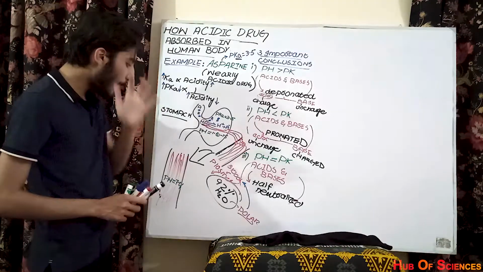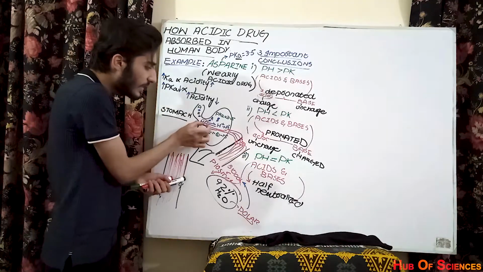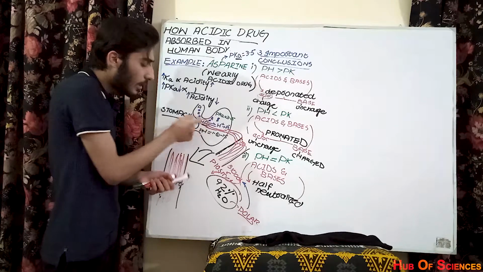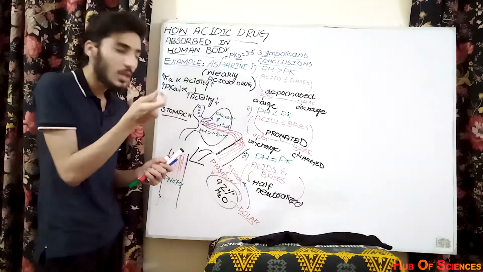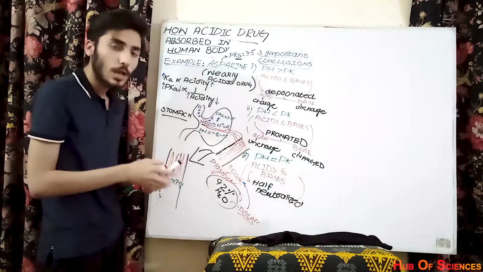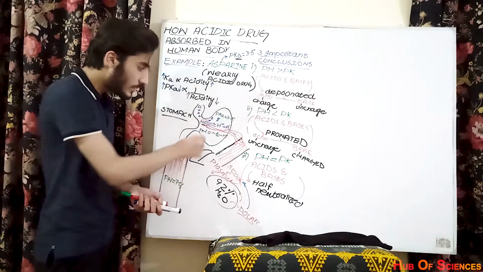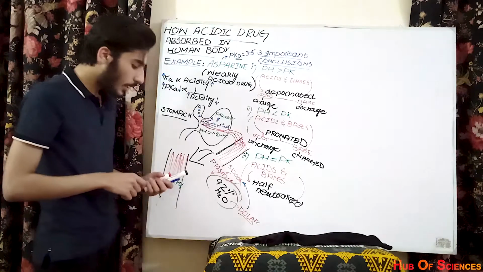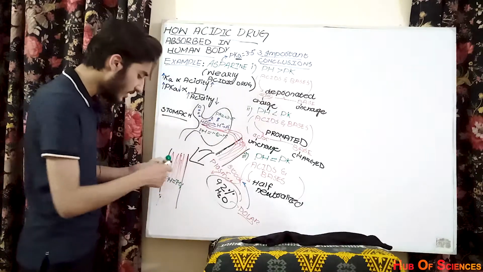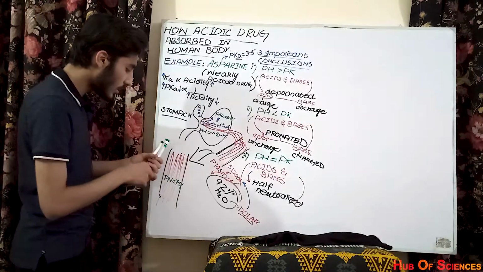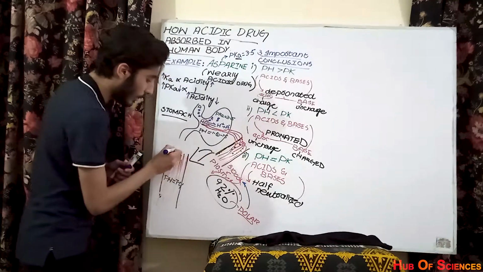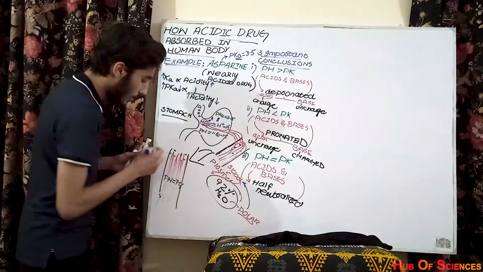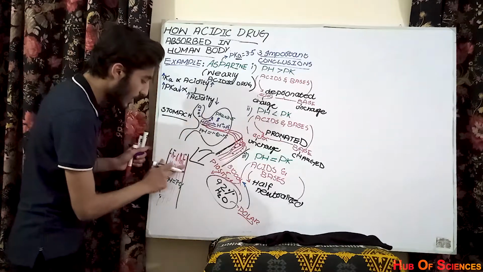So what will happen after this acid in the form of aspirin or the weakly acidic drug, more in the protonated or uncharged form, passes the cell membrane and gets entry into the blood vessel? This is the aspirin which gets entry into the blood vessel, and we show this aspirin as HA.